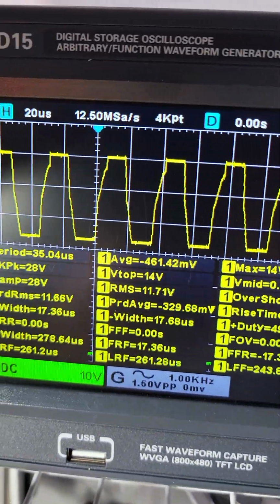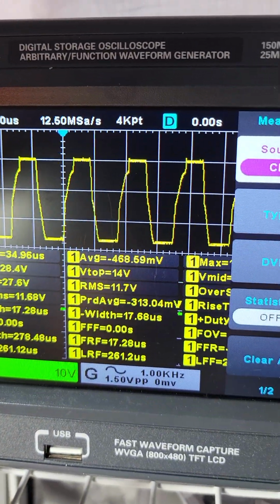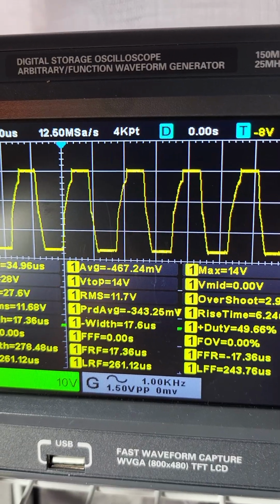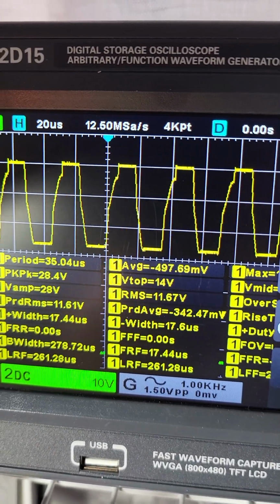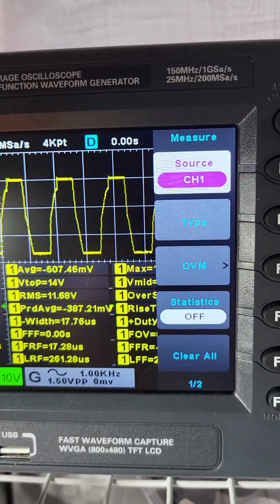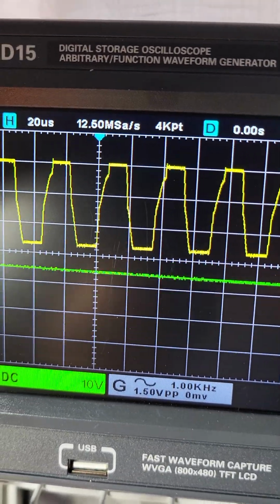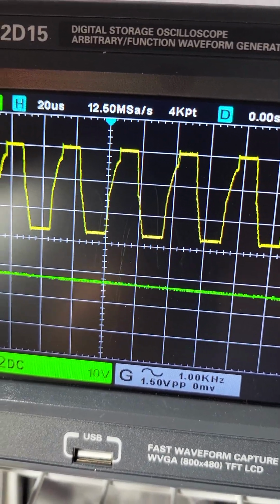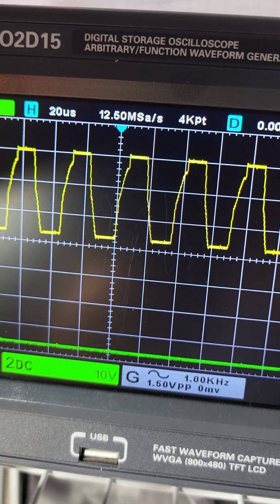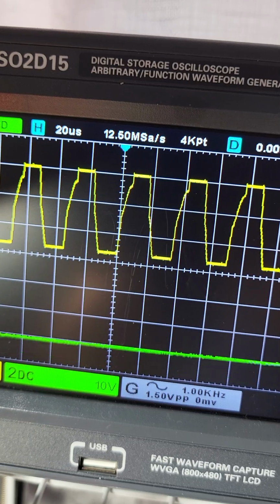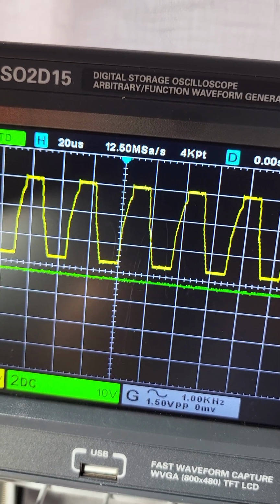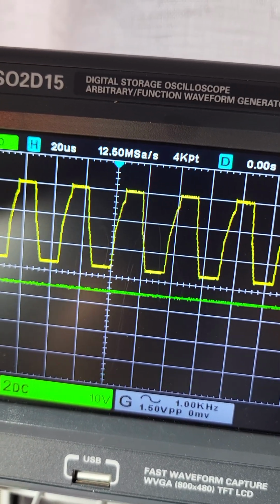Look at the wave. On the top peak and the bottom peak, the signal is like a square.